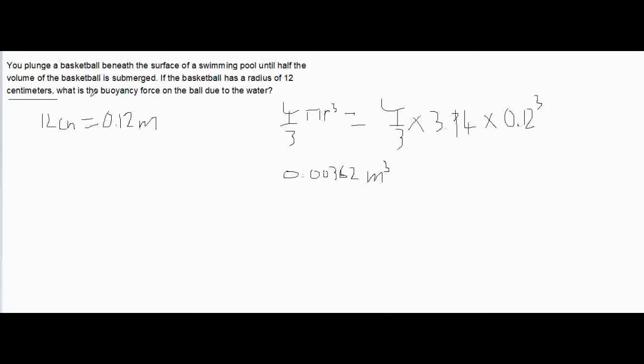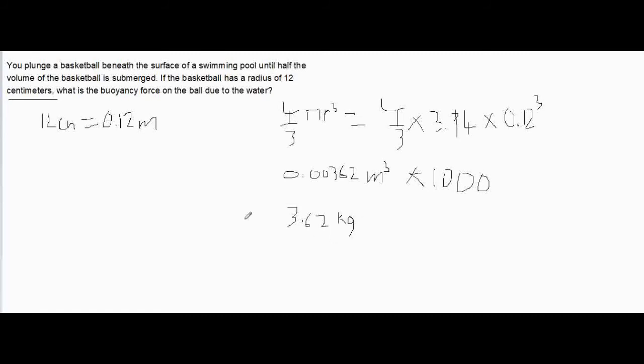Now all we need to find is the mass of water that is displaced. And since we just found the volume, all we need to do now is multiply it by density to find the mass. The density is 1000 kilograms per cubic meter. And so multiplying it by 1000, you would just move the decimal point. We end up with 3.662 kilograms of mass for the water displaced.